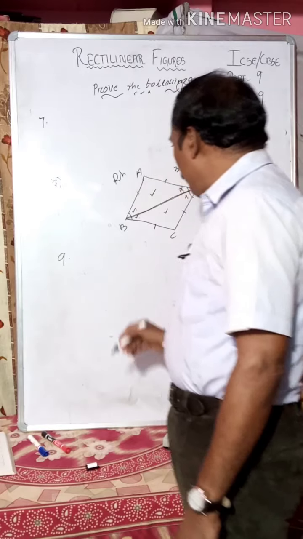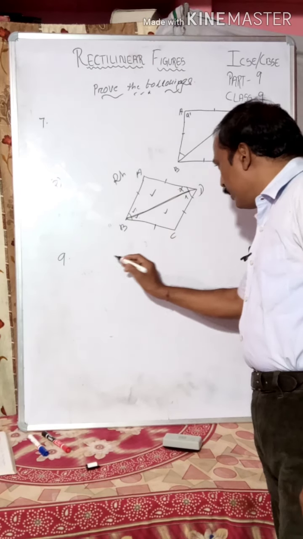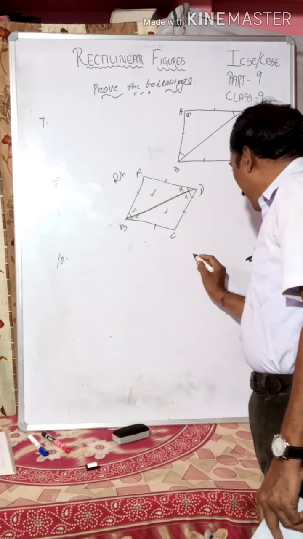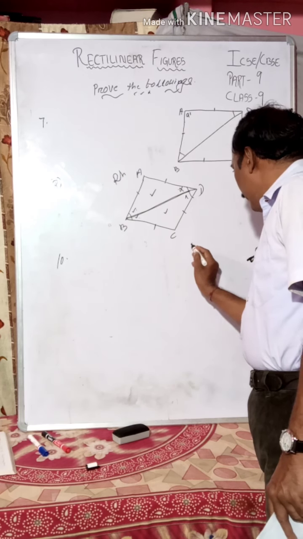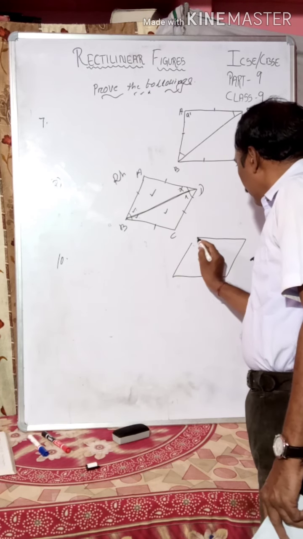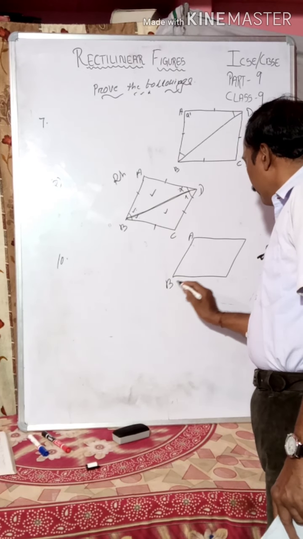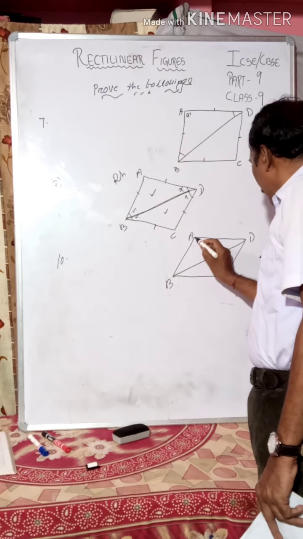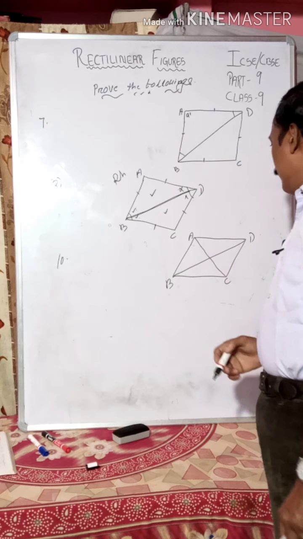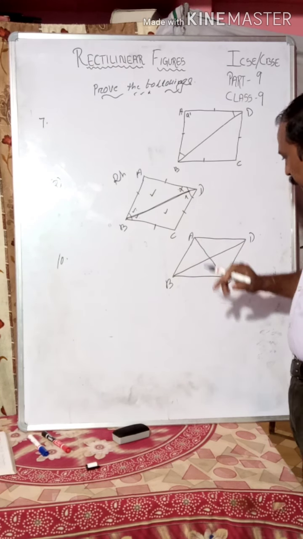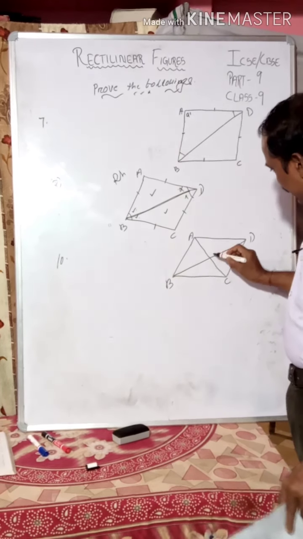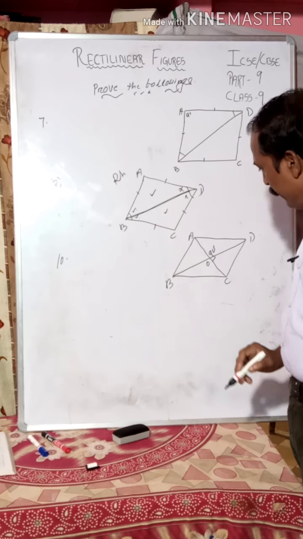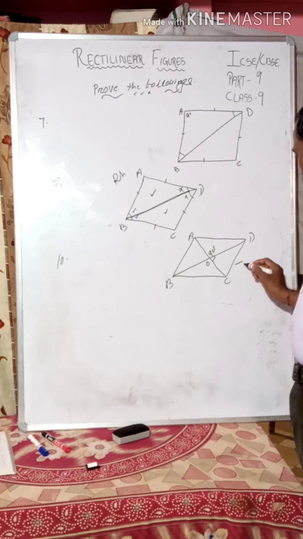If the diagonals of the parallelogram, 10. Suppose this is a parallelogram A, B, C, D. The diagonals of the parallelogram intersect at a right angle, means 90 degrees.